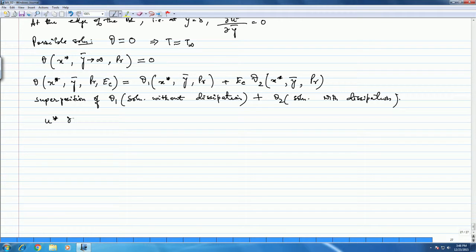We will break that down in terms of theta 1 and theta 2: del theta 1 by del x plus v bar del theta 1 by del y bar is equal to 1 by Prandtl number del 2 theta 1.